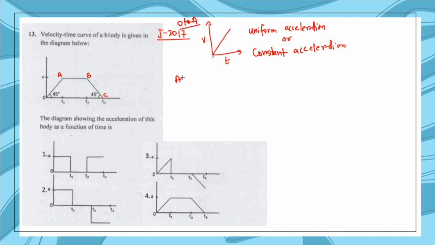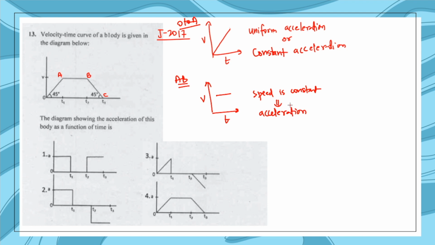If I talk between A and B, what is happening? Between A and B, I will see that the velocity and time are following a straight line, which is like this. So that means the speed is constant over here. When the speed is constant, that means its speed is not changing. In that case, acceleration is 0.